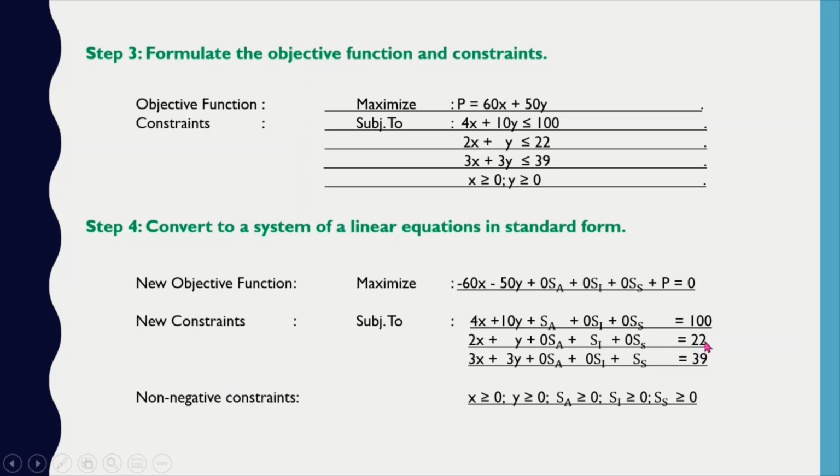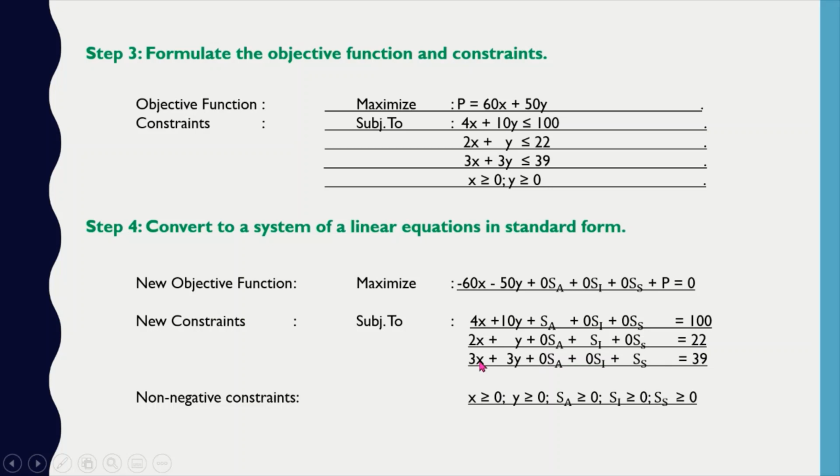In a standard equation, we're going to replace our inequality symbol with an equal symbol, so the right side will be a constant value. All the variables will be on the left and all the constant values will be on the right. Of course, our profit objective function has zero value since we don't have a constant value here.